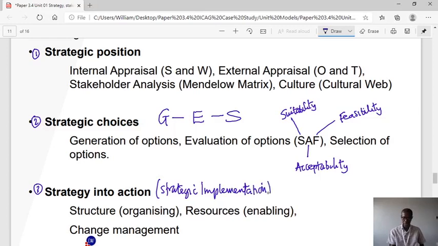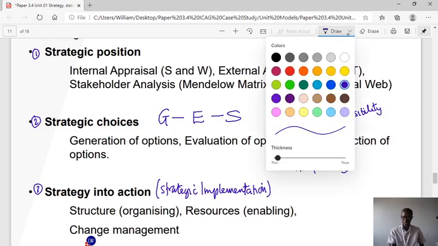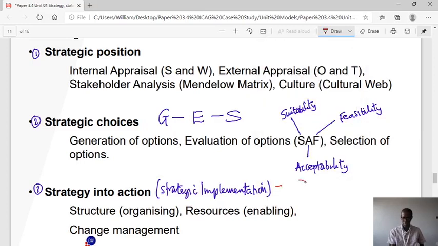And under strategic implementation, you want to be focusing on SRC. SRC, where you look at the structure of the organization and how you are going to organize things within the organization to be able to put the strategy into effect.